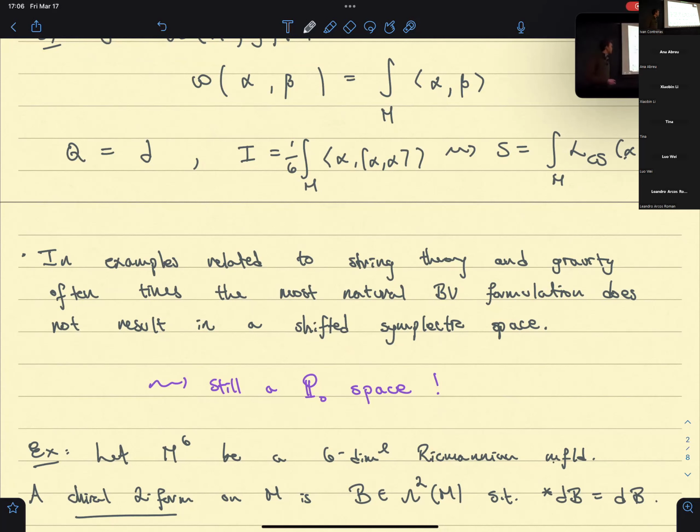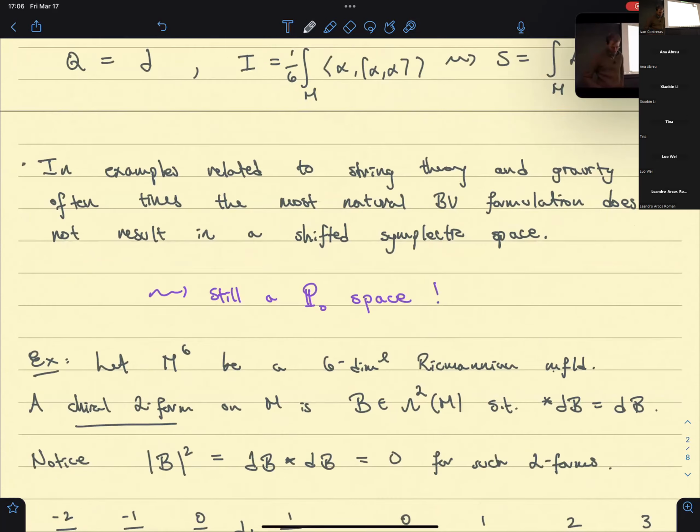Every shifted symplectic space is P0. By P0, I mean a space whose functions are equipped with a degree 1 bracket, like any -1 shifted symplectic structure gives you. But this bracket could be degenerate, could arise from a degenerate shifted bivector on your space. So I'm not demanding any non-degeneracy condition.